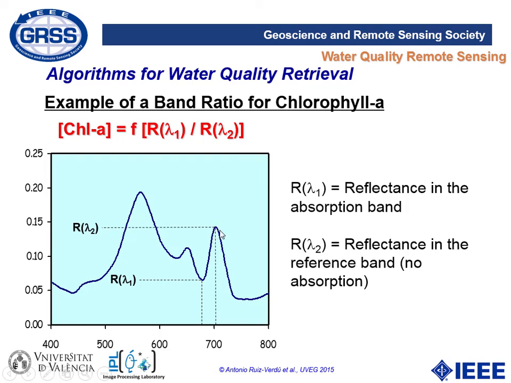So this could be considered as a reference band where no absorption occurs. And therefore these algorithms relate the chlorophyll concentration to this ratio.